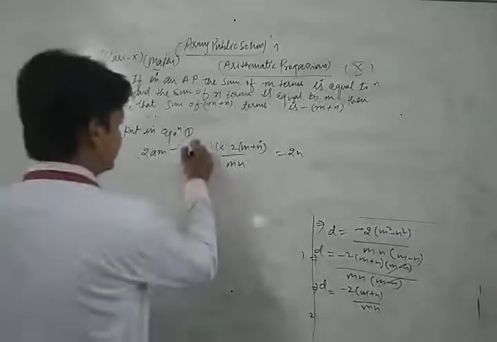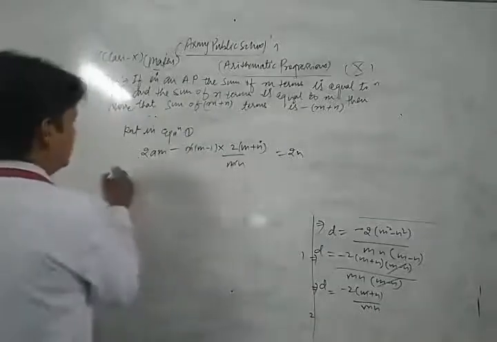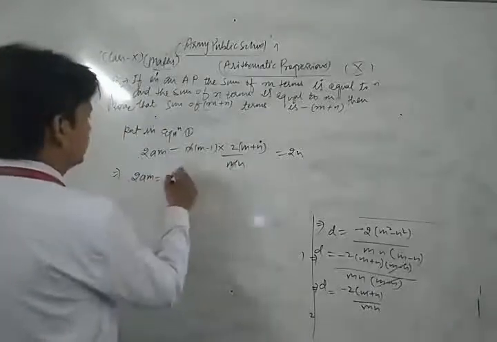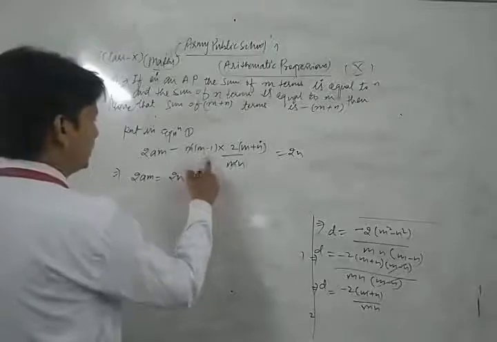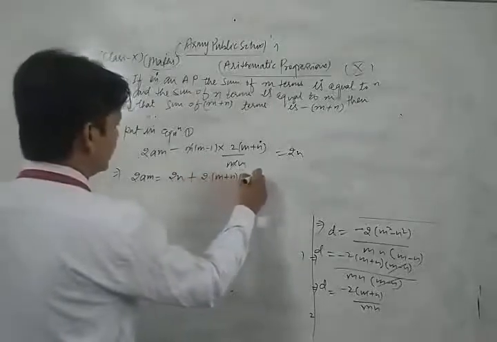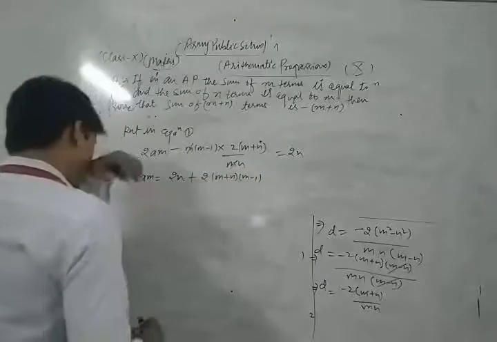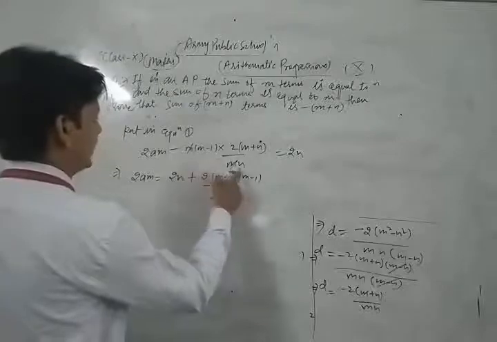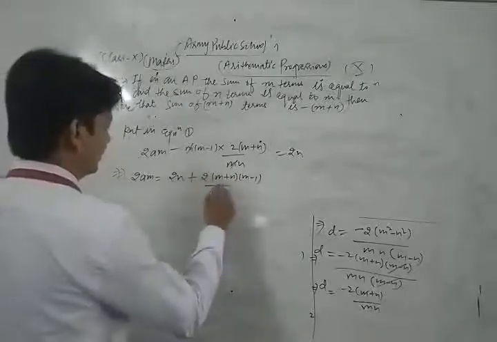Here m cancel to each other, so 2am is equal to, we transfer that side, so 2n plus 2(m plus n)(m minus 1) upon n. Now n is left here.